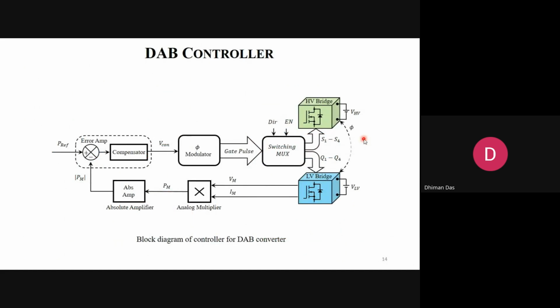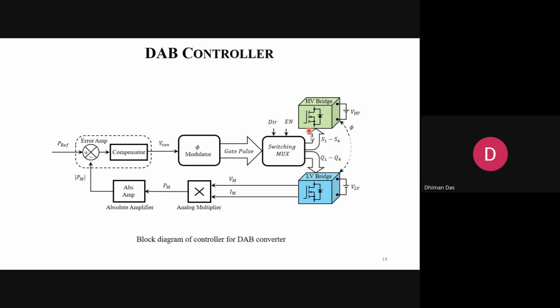Okay, now if you want to design a controller for the dual active bridge, how do you do that? Because there are 8 switches now. How do you control the 8 switches? For simplicity, there is one high voltage bridge and one low voltage bridge.